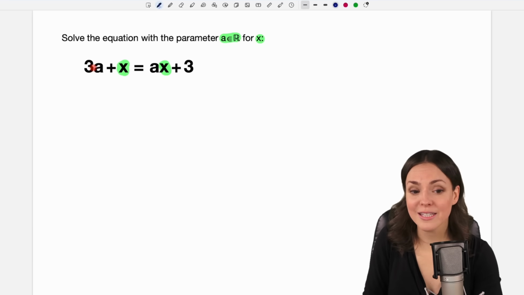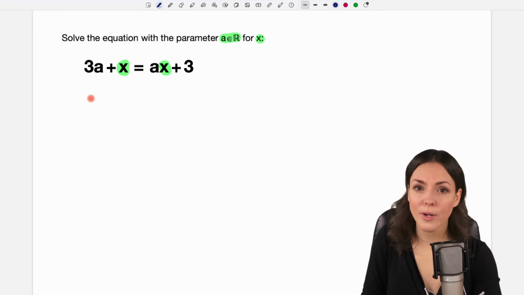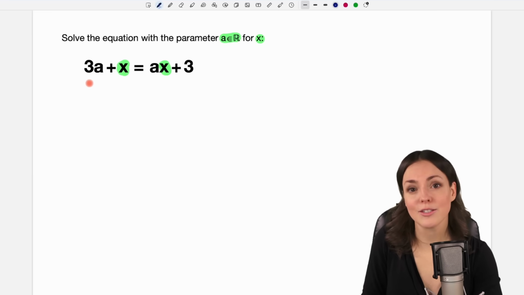Yes, we have this parameter in here, this a. We will see when we have to take care of it, but first of all, we just solve this equation and see what happens. A linear equation is usually solved by bringing everything that has an x to one side of the equation and everything that doesn't have an x to the other side.